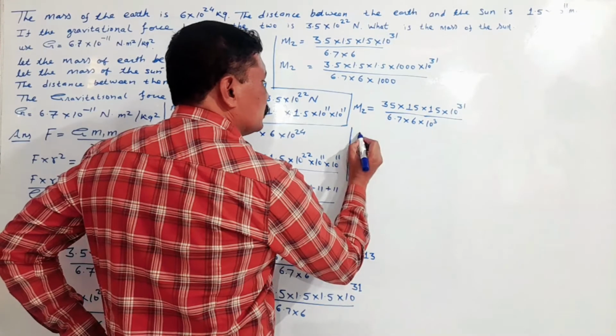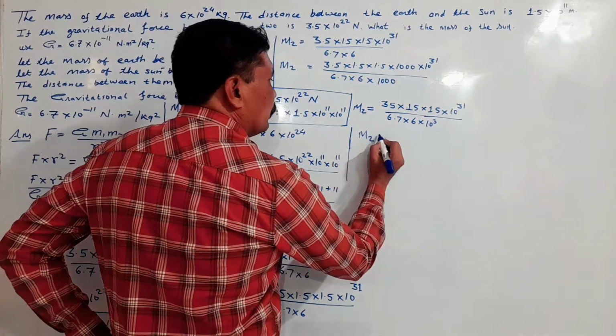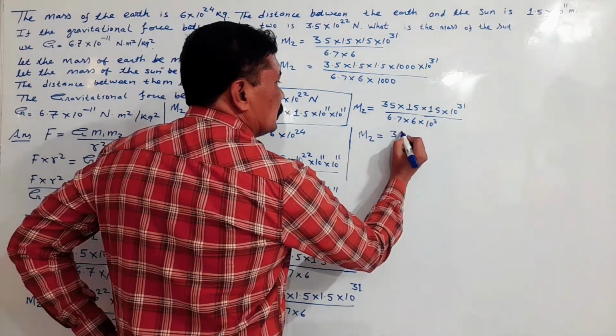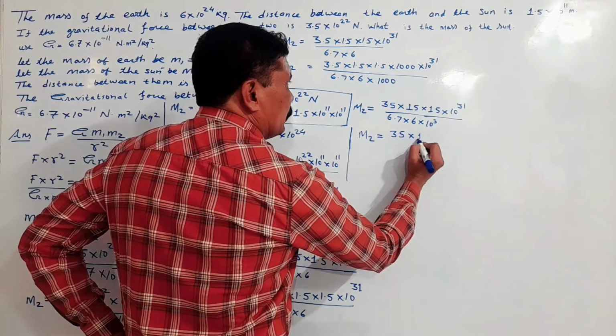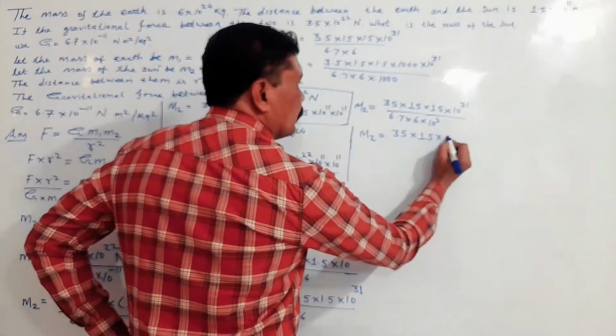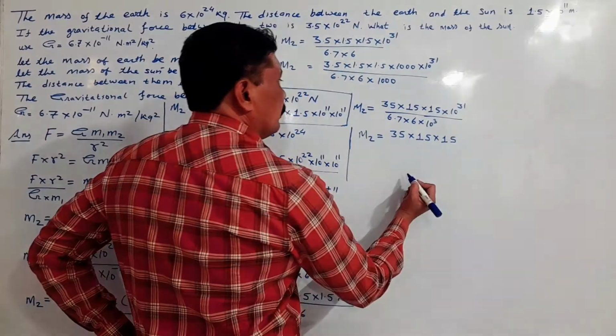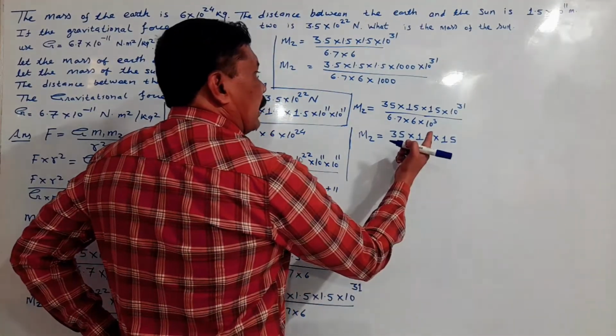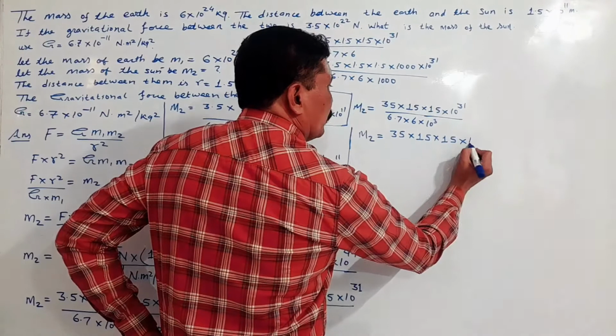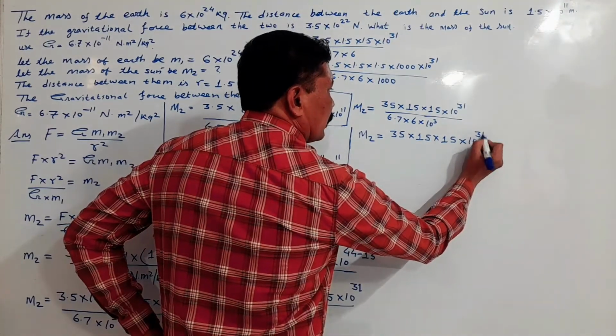Now my dear student, we get M2 is equal to 35 into 15 into 15 and into 10 to the power 31.